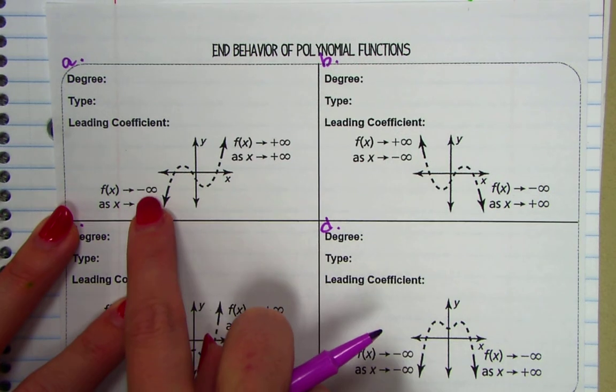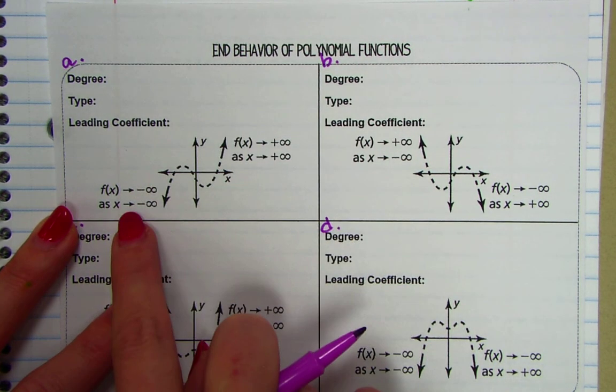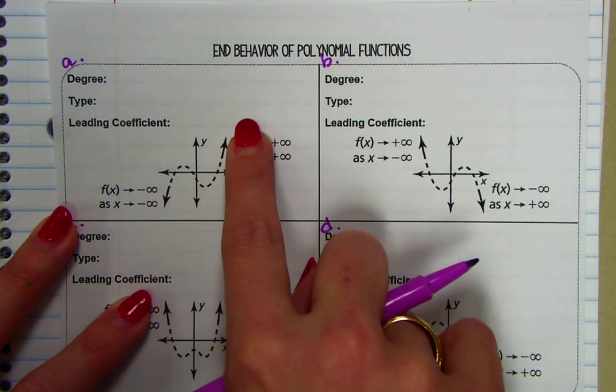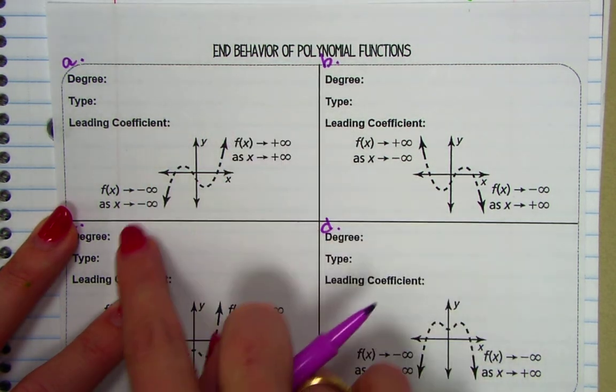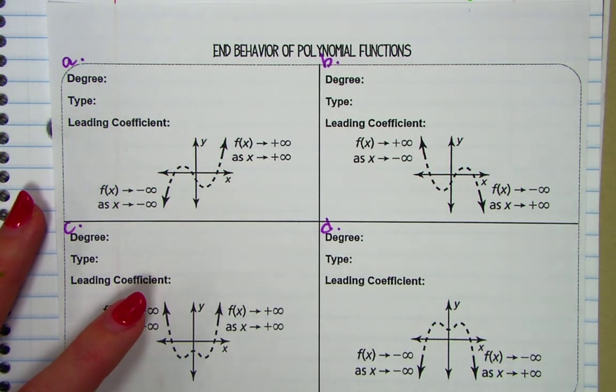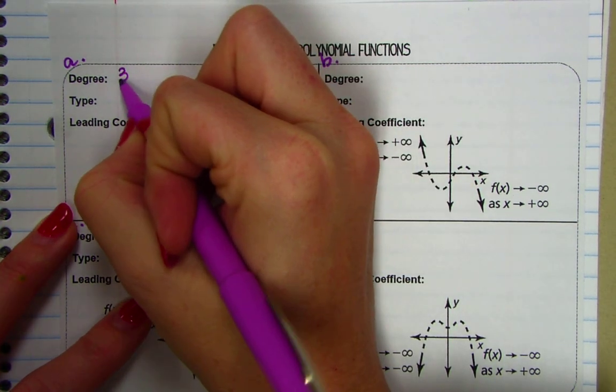So this one, A, goes up, down, up. What would the degree of that one be? Or how many pieces are there? 3, right? Quadratic just goes down, up. That's degree 2. So this one would be degree 3.